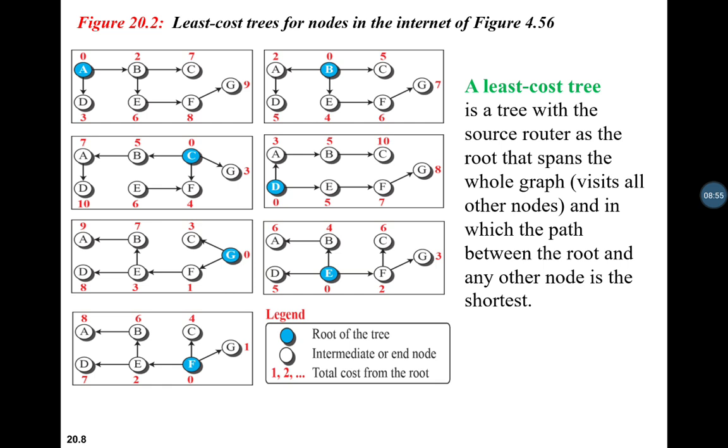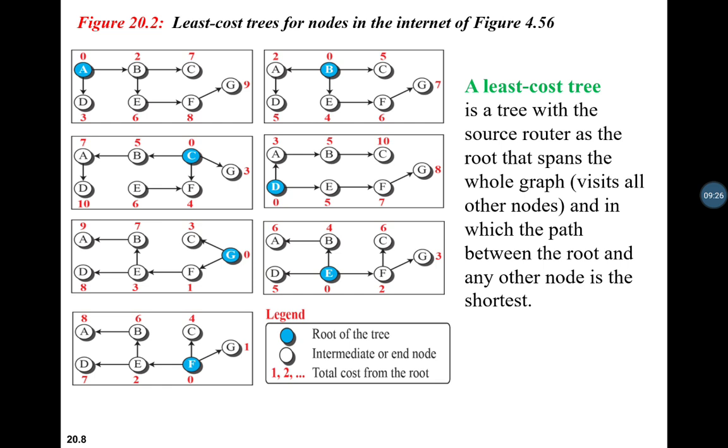So here in the example, if you see A, B, C, D, E, F, G, these are the least cost trees for the nodes in the internet. Considering each and every node as a root node, the least cost path from that root node to every other node is calculated.